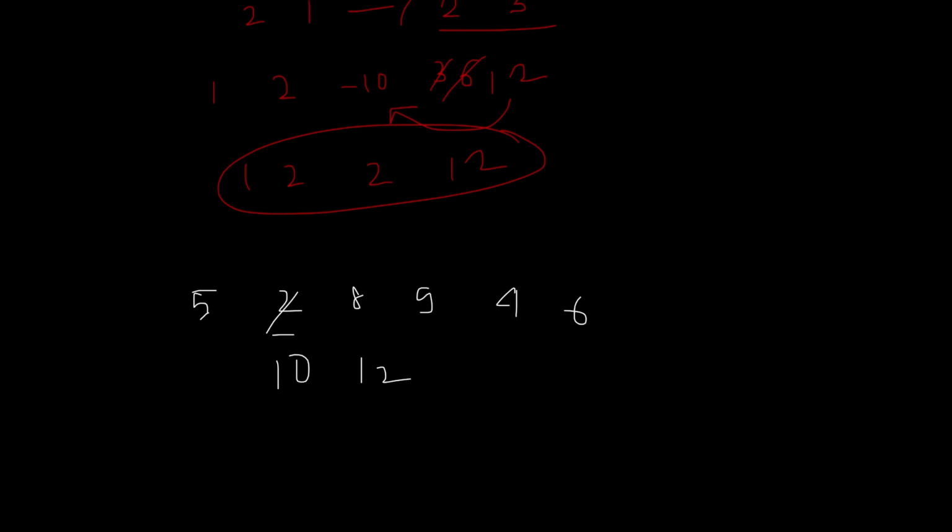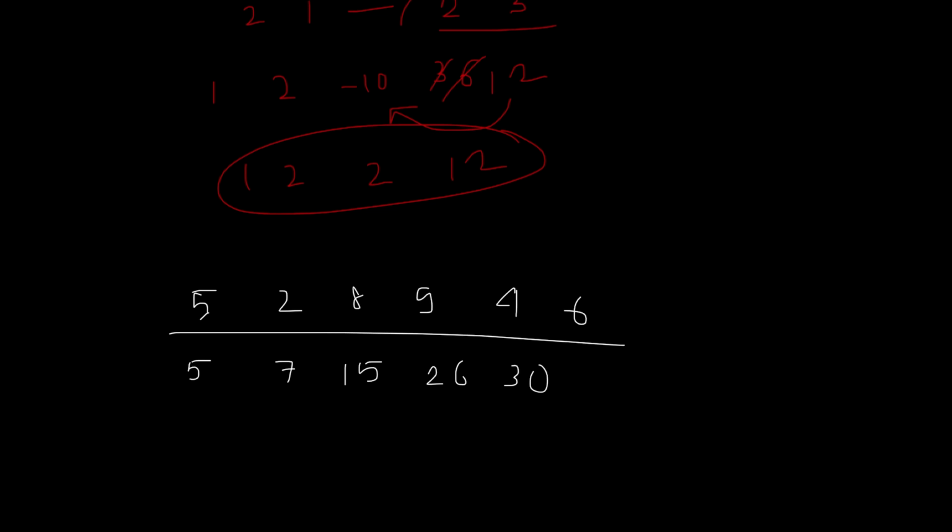So here, we'll have to observe something. What if we do the prefix sum of the whole array? Shouldn't that work? If we do the prefix sum of this array, the first number will be 2, the next number will be 7, the next number will be 15, then it is 26, then it is 26 plus 4, 30, and lastly it is 36.